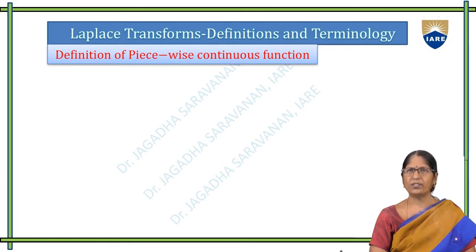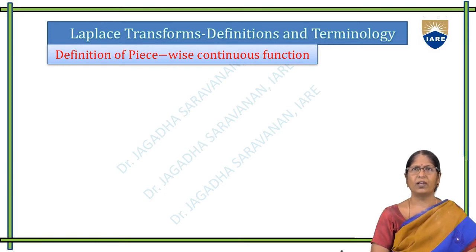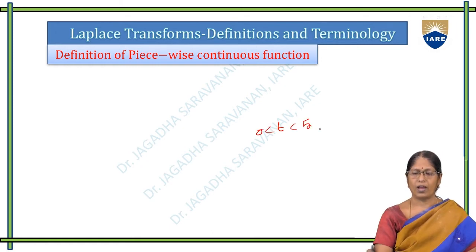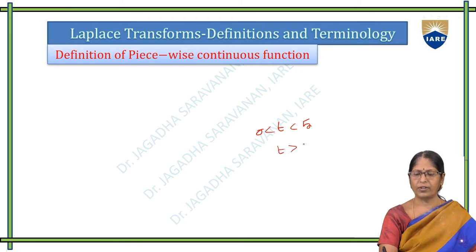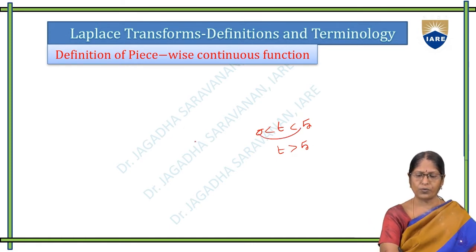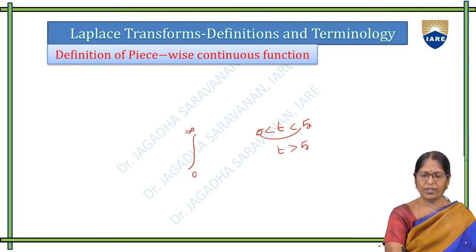Piecewise continuous is nothing but, we know our Laplace transform goes from 0 to infinity. Suppose t lies between 0 to 5 and t is greater than 5. If it is given like this, then 0 to infinity is first an integral from 0 to 5 and another integral from 5 to infinity.